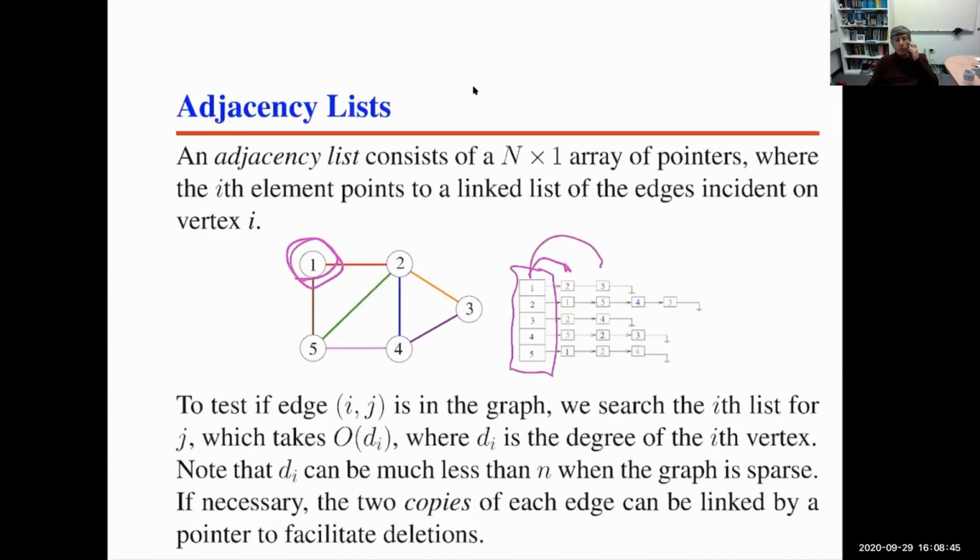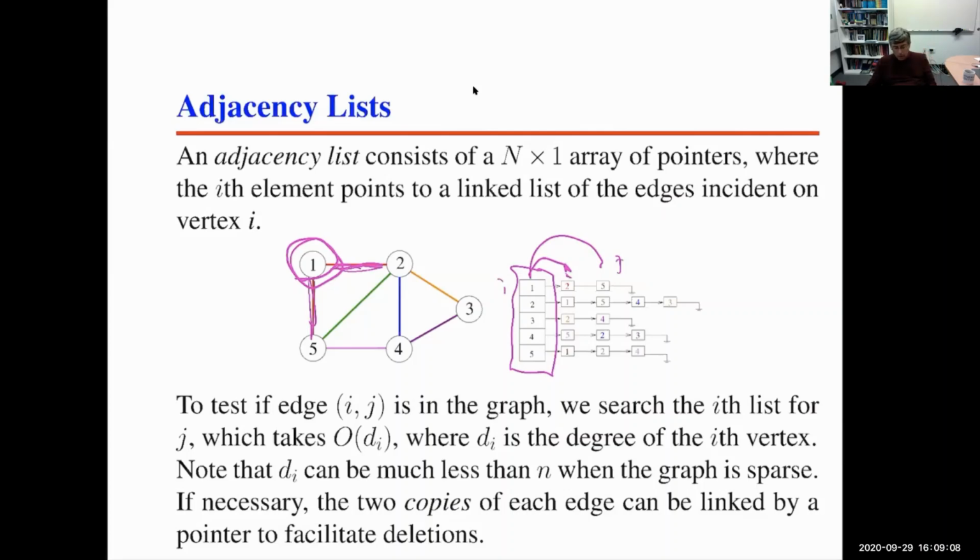Does everybody see we can represent this by saying that if there is an element j in the ith list, that means that there is an edge from i to j?